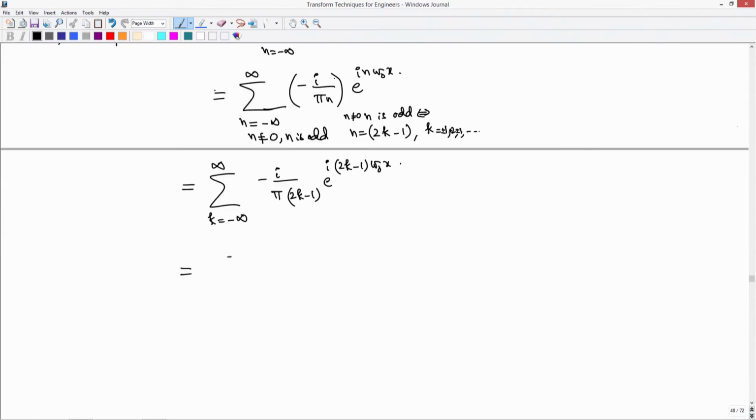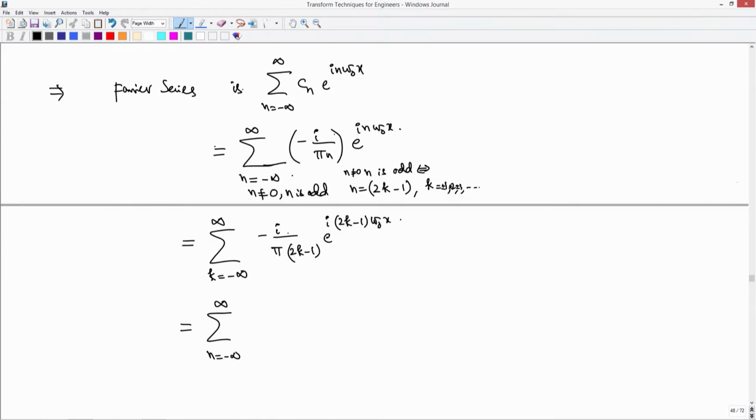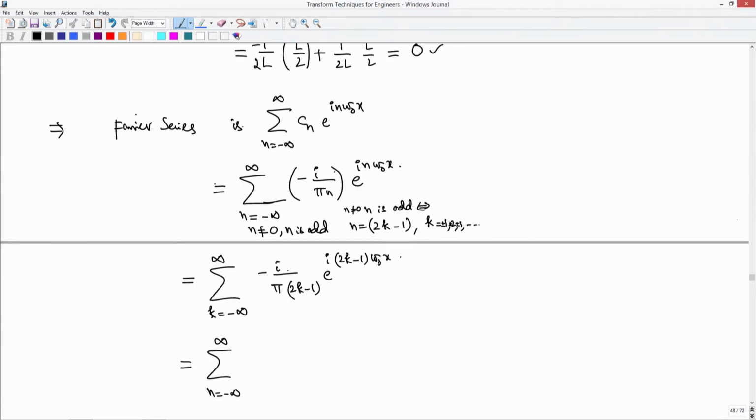So, I just remove k and use the index n, with n from minus infinity to infinity, and this is cos. The given function f has a Fourier series as this, and this has to be equal to f x wherever it is continuous. So, I write this here.